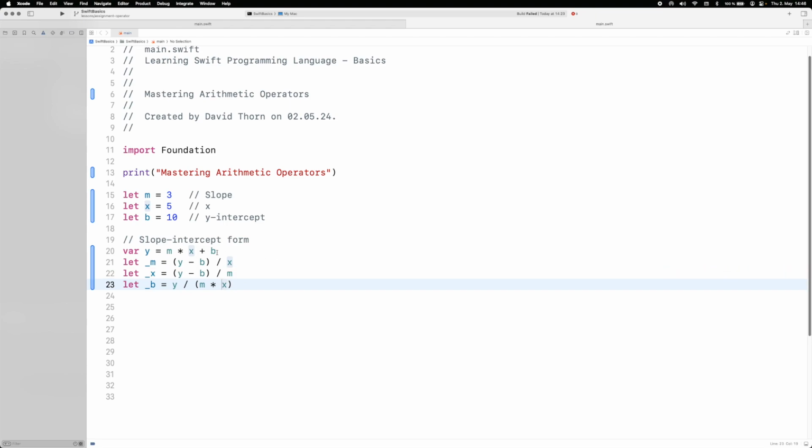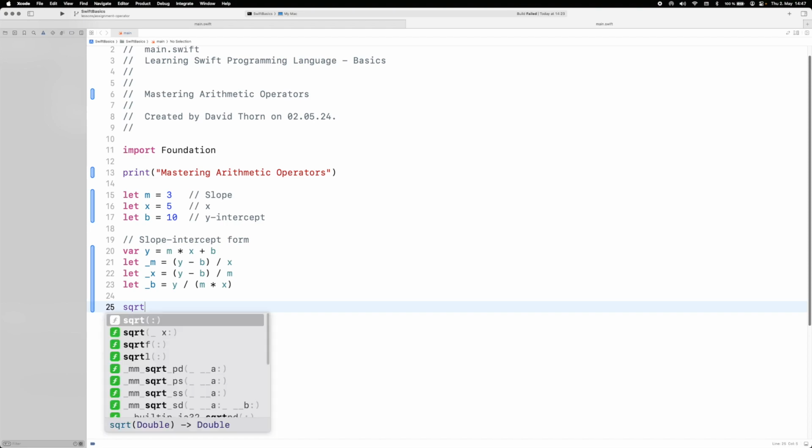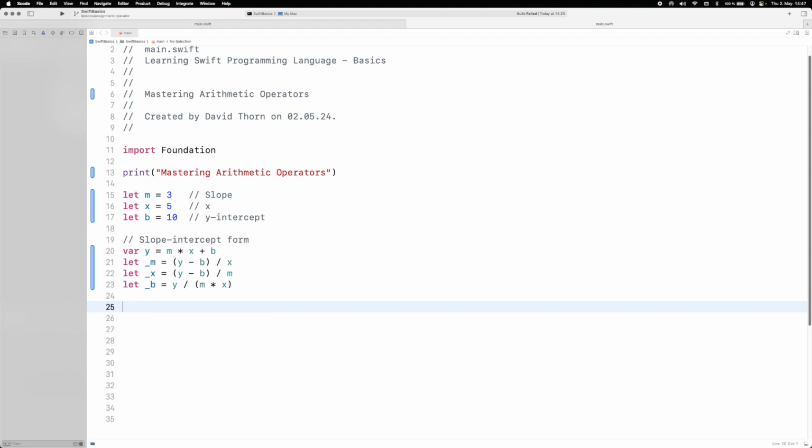So this is basically arithmetic operators. You see here we've got division, subtraction, addition, multiplication, and so on. You really don't need to think too much about it. These are the basic signs that you need to use. If you watched the last video, you saw that I used the power function, and I also used the square root function, if you want to use them.